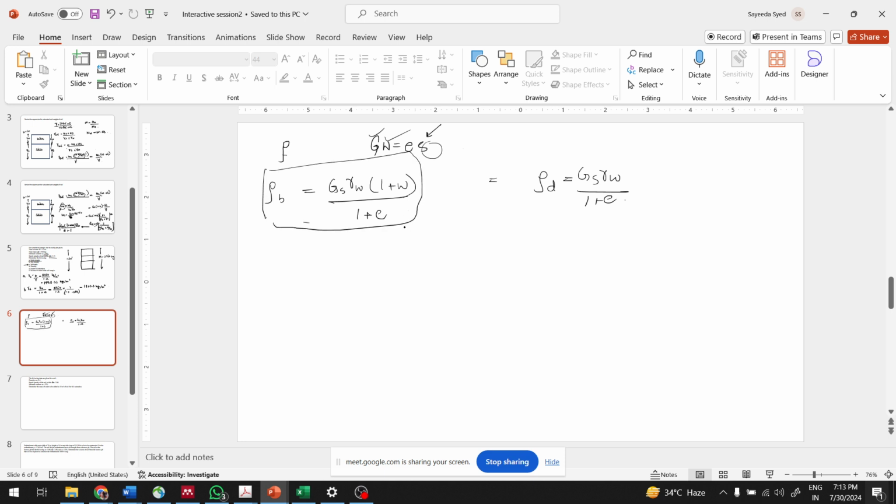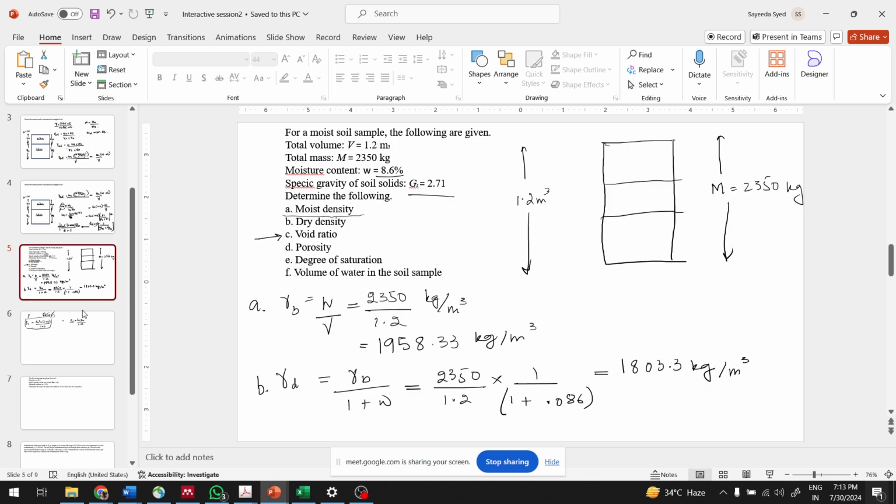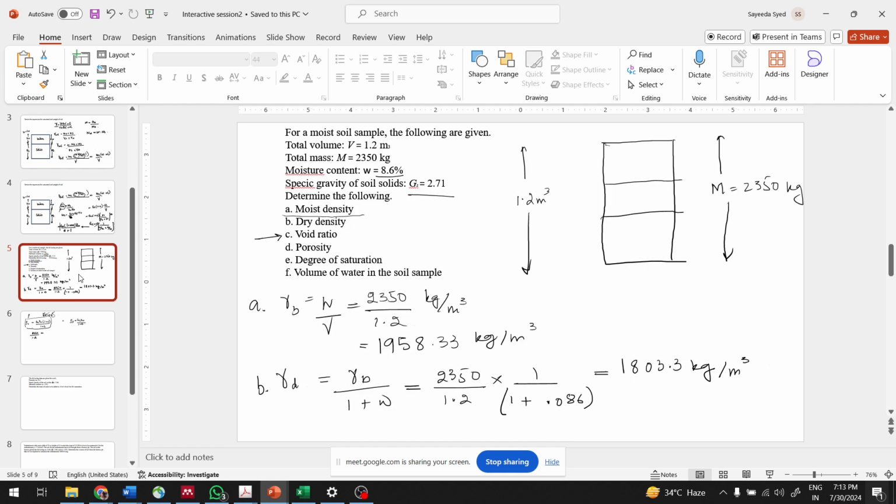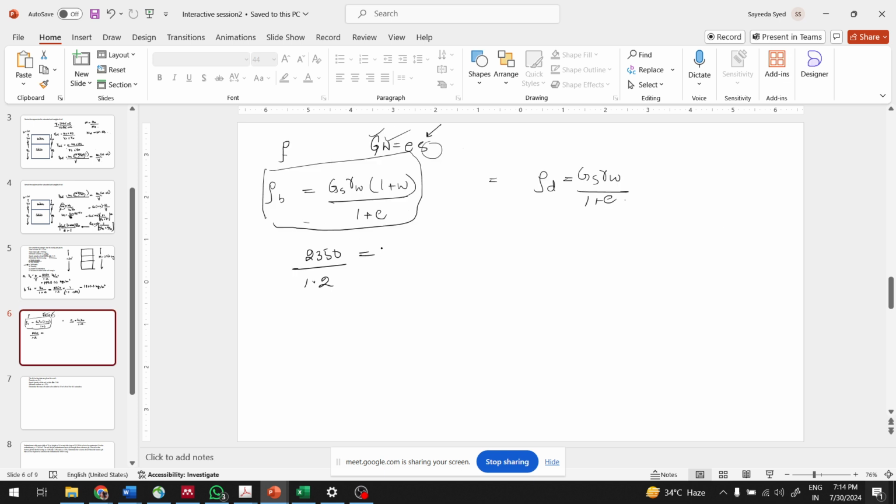It's the same thing. Okay, so gamma bulk was 2350 over 1.2, equals GS 2.71 into, so here you have to be careful.